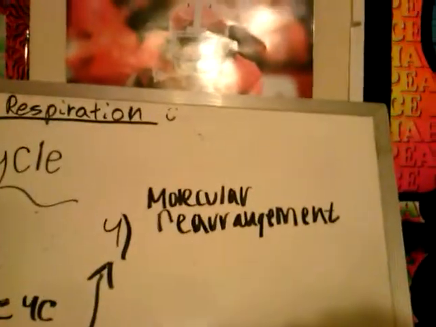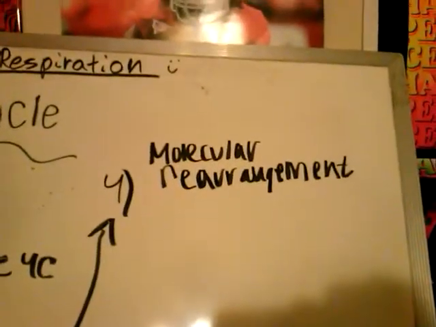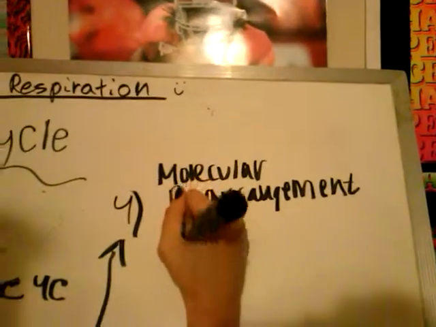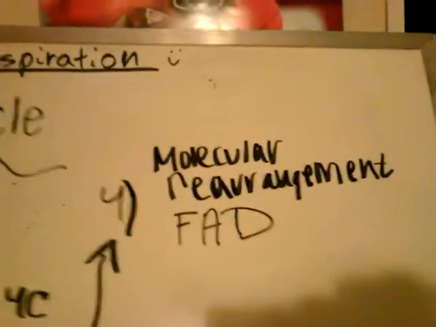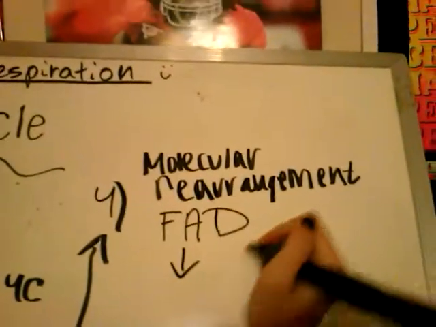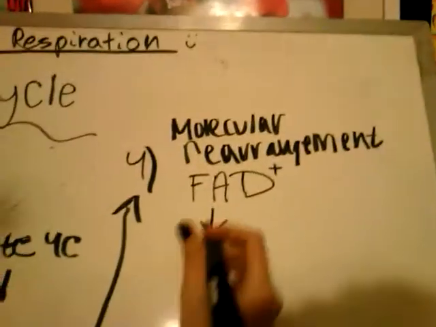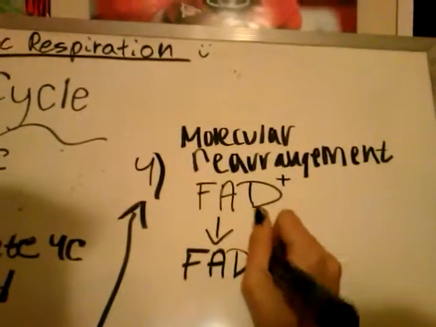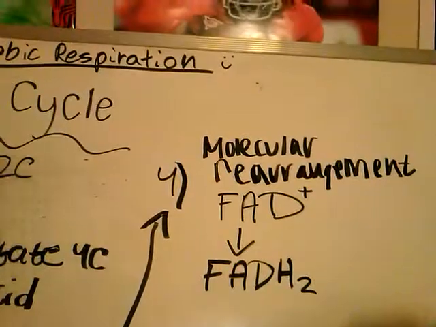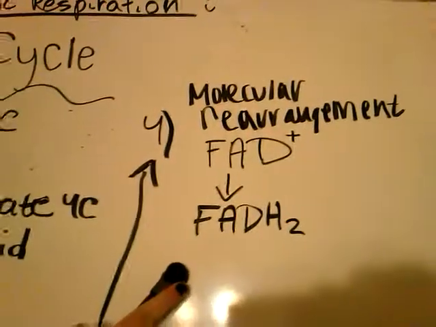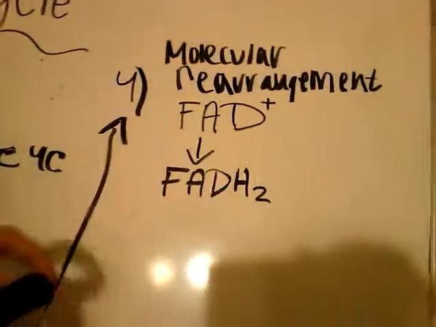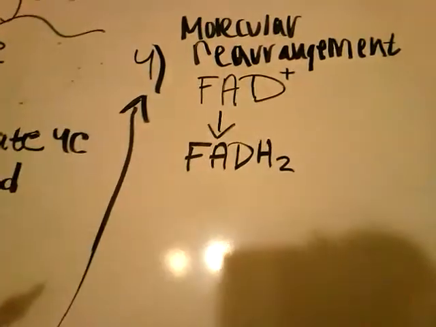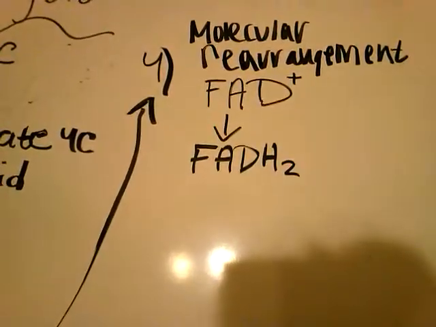And in order to make this happen, there's a new coenzyme. It's just FAD, as you will see. It needs a plus. The FAD plus is reduced to FADH2.